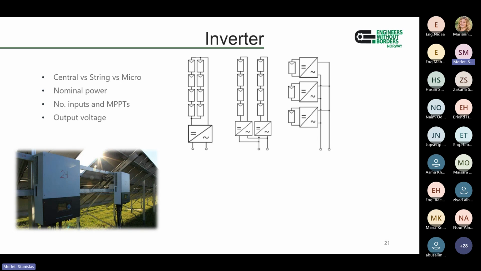So picking an inverter is a bit trickier and more related to your design, and that will be covered tomorrow. Good. Any questions now? I will take all kinds of questions.